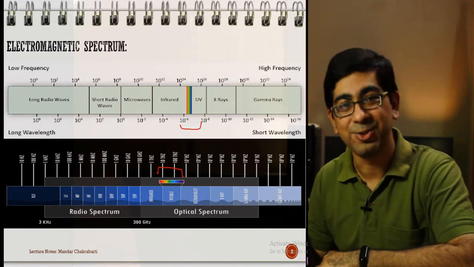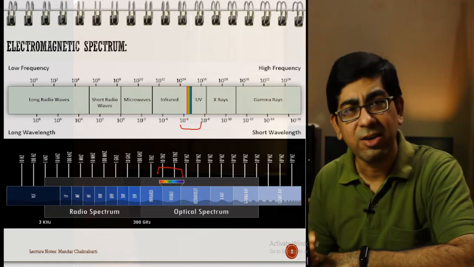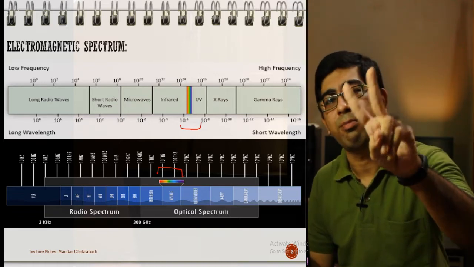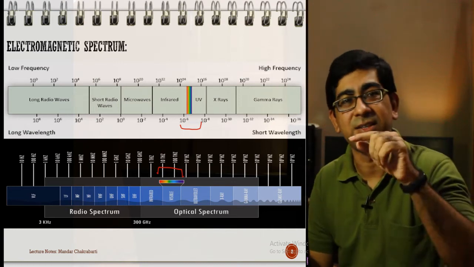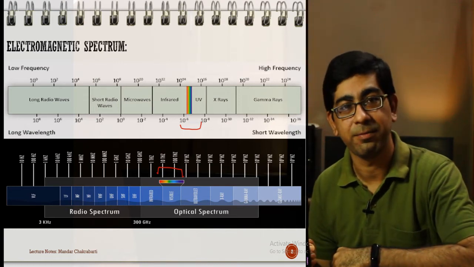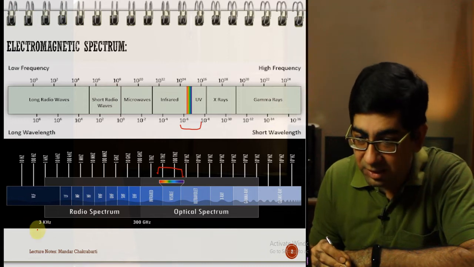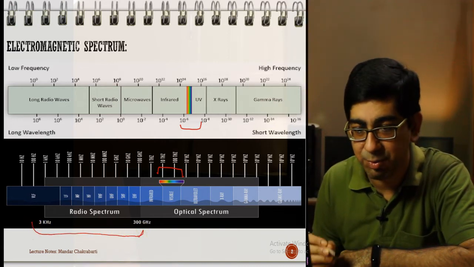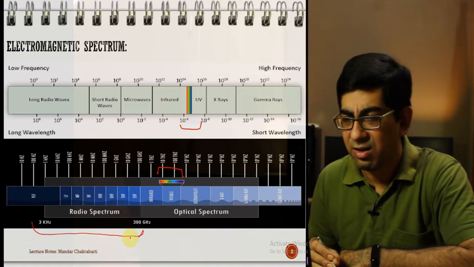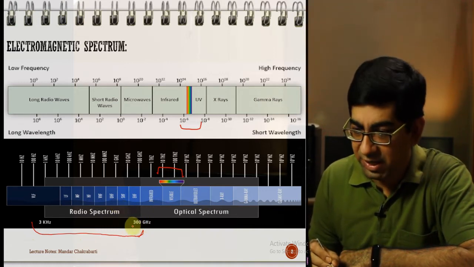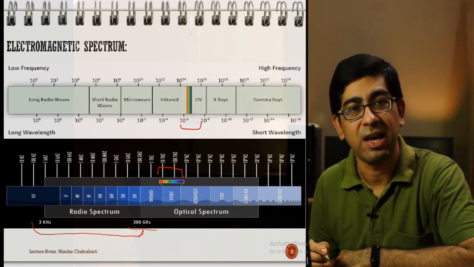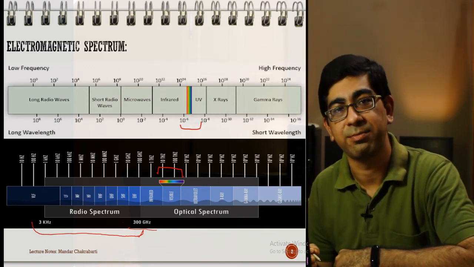Anyway, jokes aside, the electromagnetic spectrum is broadly split into two components which are shown in this lower diagram over here. You see the lower half of the frequencies, at this portion, all the way up to a range of around 300 gigahertz is known as the radio spectrum.